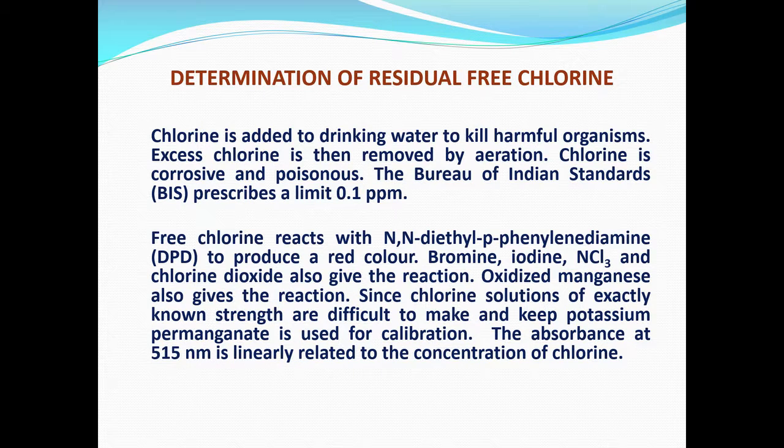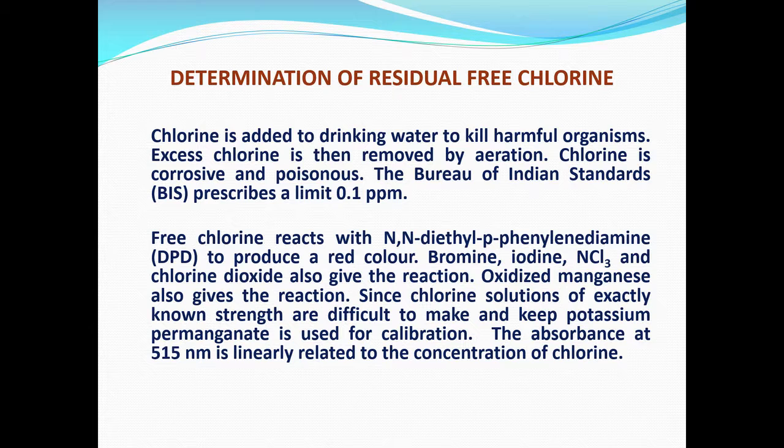Chlorine is also corrosive, poisonous, etc., but still we do not have a more viable and cheaper method of disinfection than chlorine. Therefore, it is used in most industrial processes and municipal water supplies all over India and all over the world.